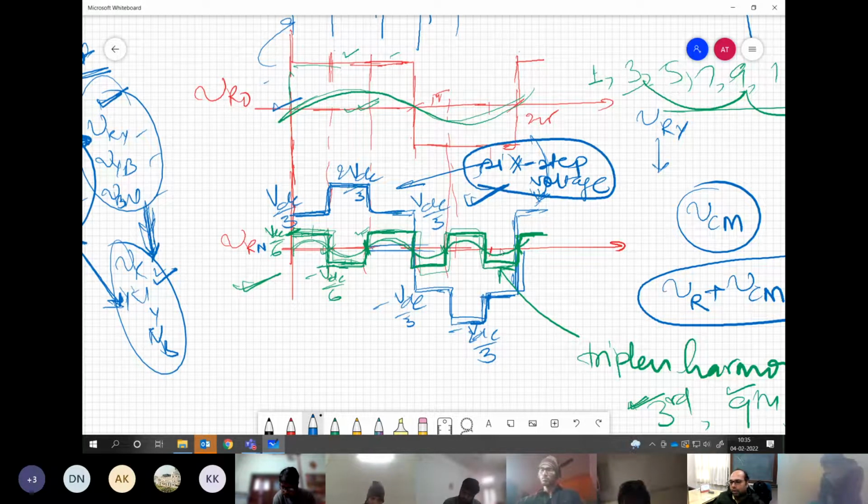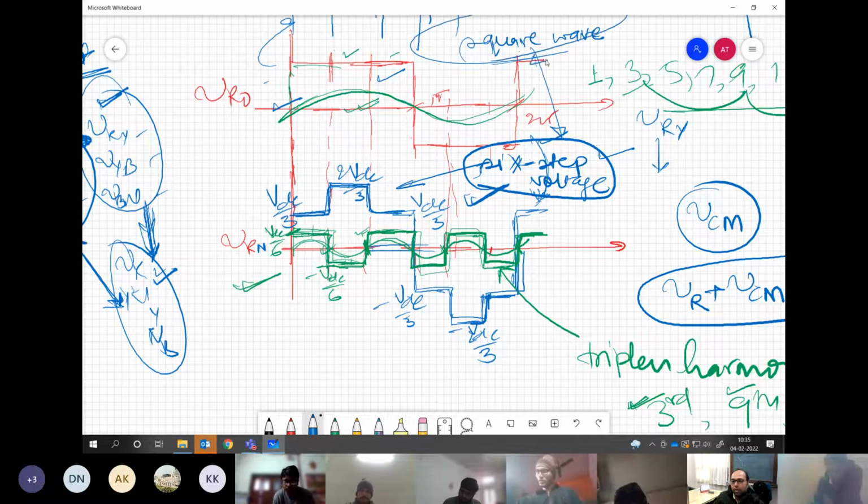Whenever you hear the term square wave operation or 6-step operation, these are all the same. For a two-level VSI, these terms refer to the same mode of operation, just called differently. Fine.